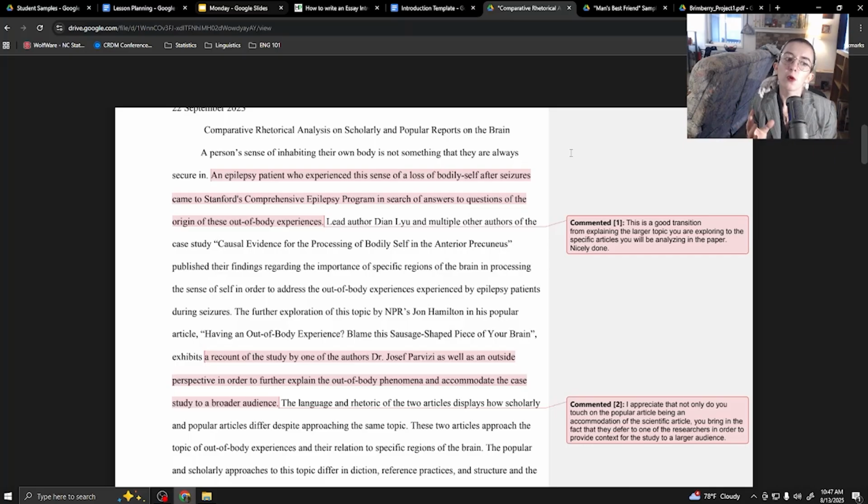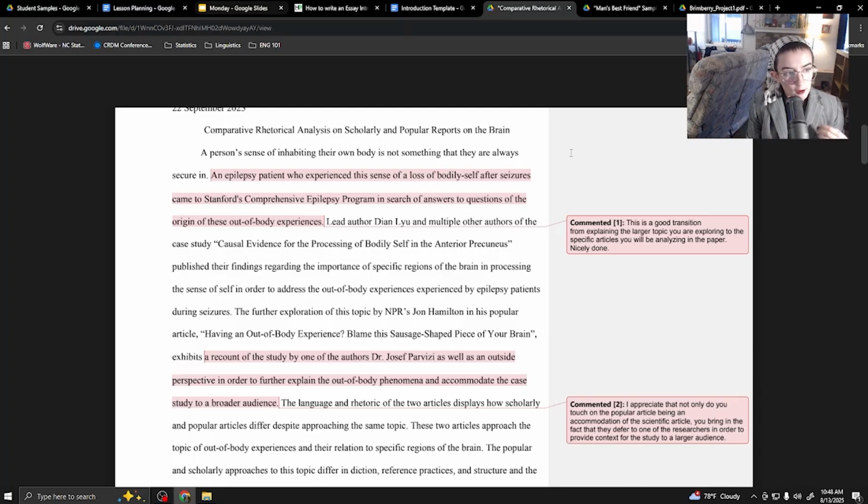It's not the most detailed; it doesn't really give me enough information to signal to me as the reader that what they're going to be talking about in the next sentence is about epilepsy specifically, but it's broad enough that that following sentence does start to help to do that. And you can see that in that comment there where I'm saying, I like that you're transitioning from talking about this larger topic to then moving into that notify section where you're providing context about the article.